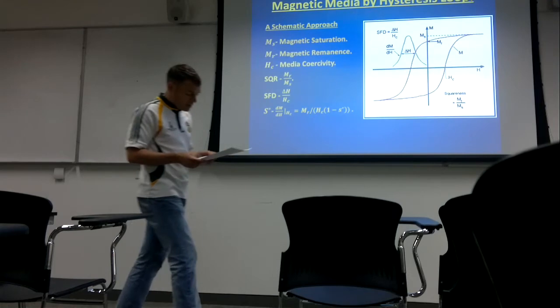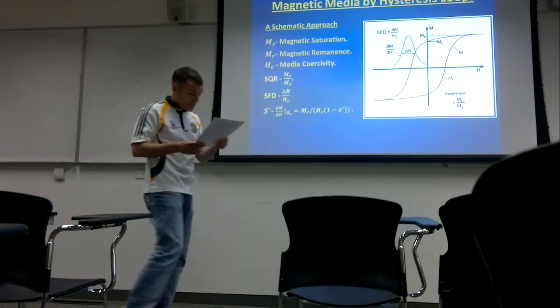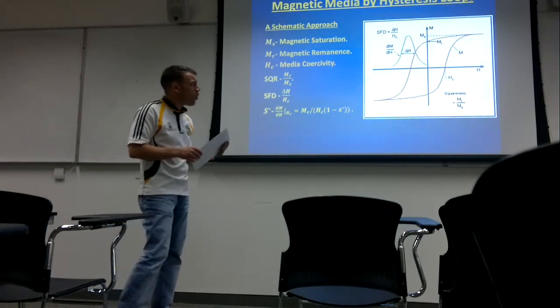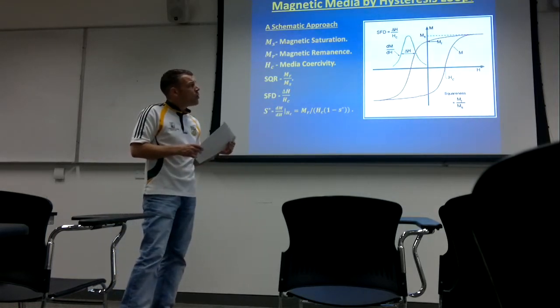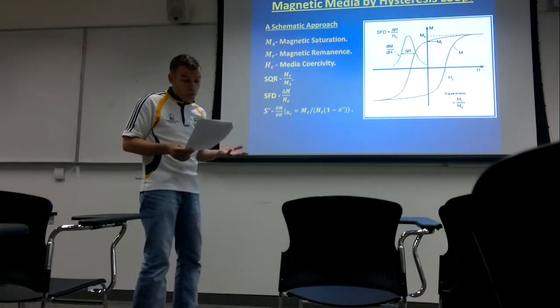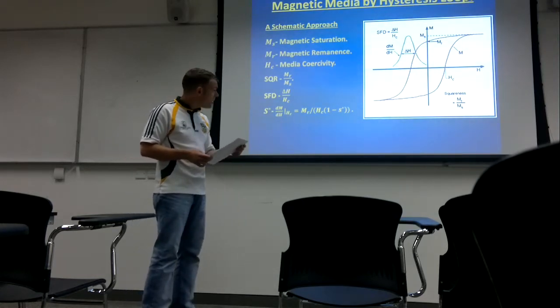The coercivity value, HC, is that level of induced field which is required to bring a magnetic medium from a point of saturation to a state of zero magnetic flux.